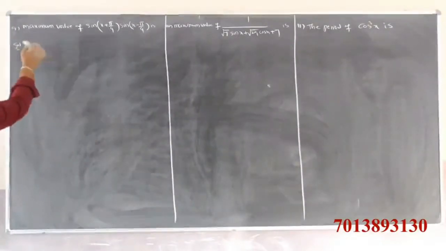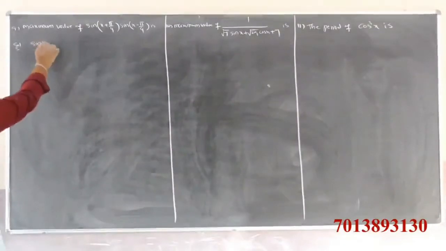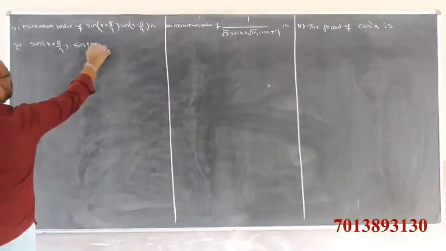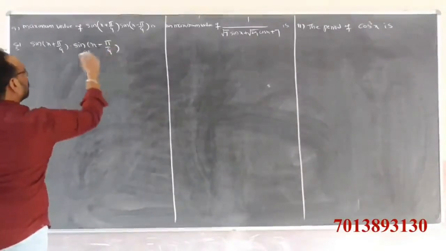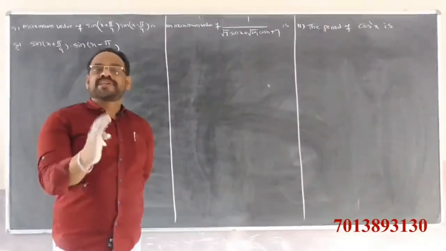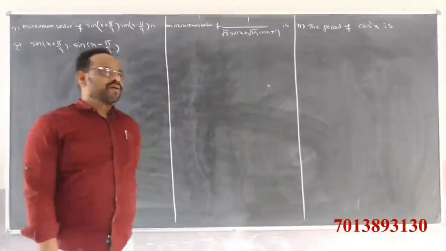Solution: it is in the form of sin of x plus pi by 4 into sin of x minus pi by 4. Clearly it is in the form of sin of a plus b into sin of a minus b. What is the formula?